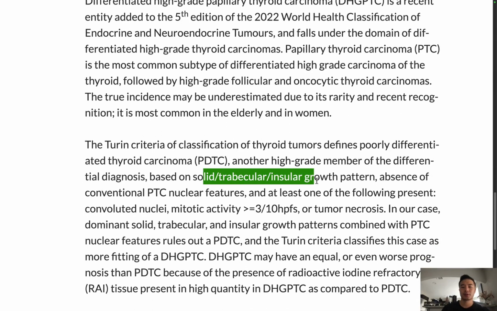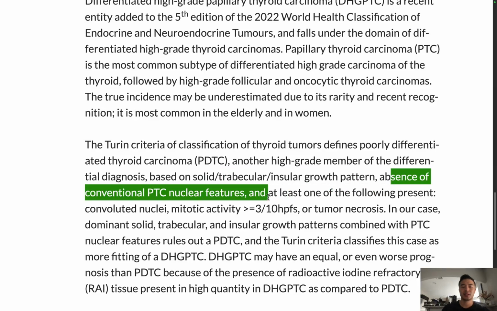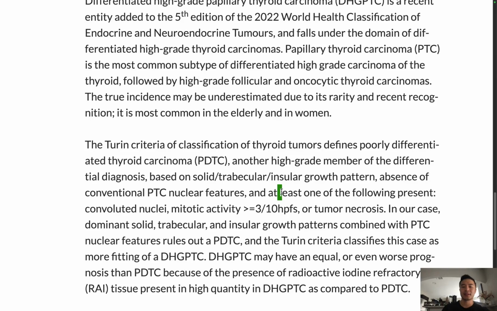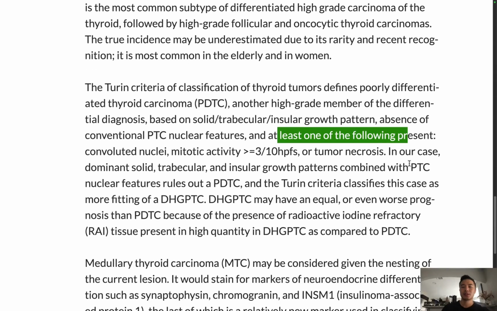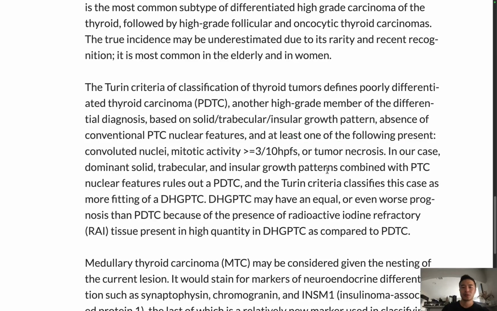One, solid trabecular insular growth pattern. Two, absence of conventional PTC nuclear features. And three, at least one of the following present: convoluted nuclei, mitotic activity greater than or equal to 3 per 10 high power fields, or tumor necrosis. So in this case, there was a dominant solid trabecular insular growth pattern, which fits the Turin criteria of poorly differentiated thyroid carcinoma.